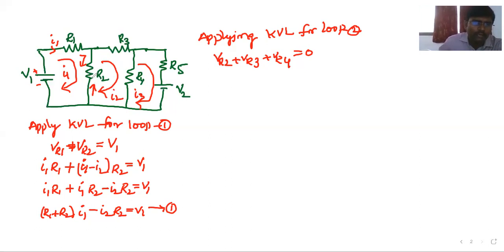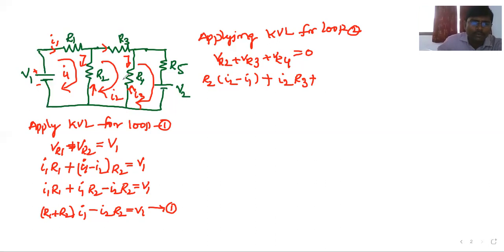Therefore, the current flowing through R2 is equal to I2 minus I1. So R2 into (I2 minus I1) plus, for R3, the current flowing through R3 is only I2. So I2 into R3 plus, for R4, again I2 is flowing downwards and I3 is flowing upwards.